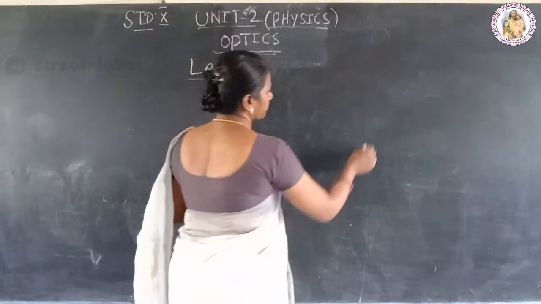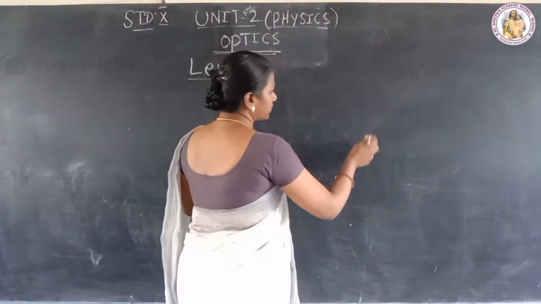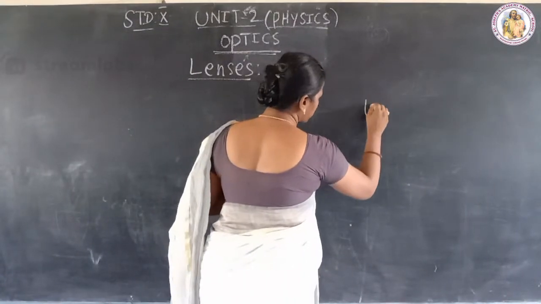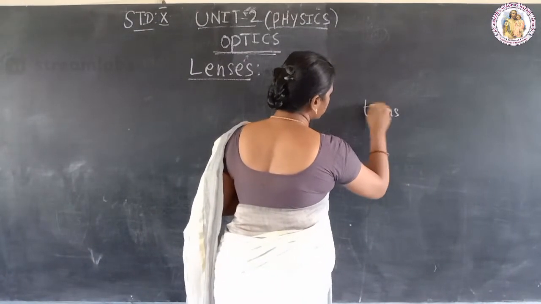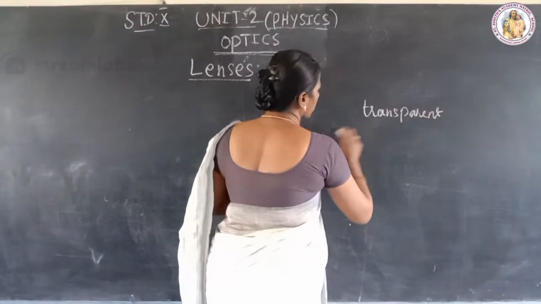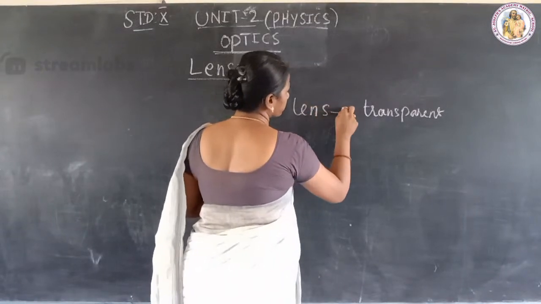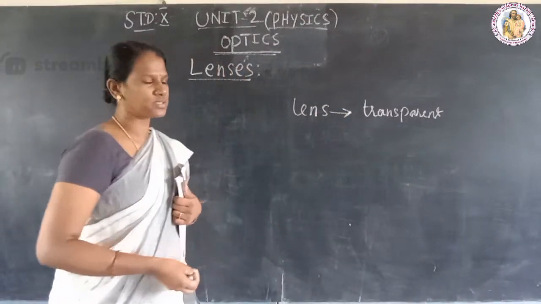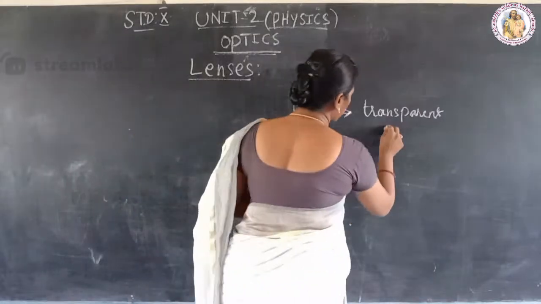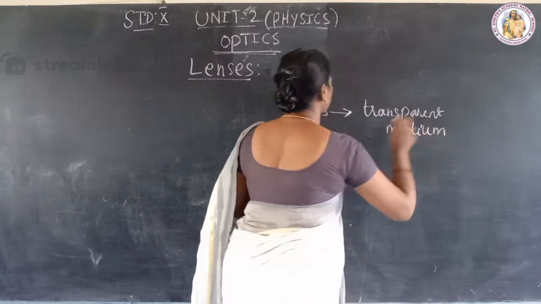As you already know, there are three types of objects: transparent, translucent, and opaque. Here a lens is a transparent medium which allows the light to pass through it.